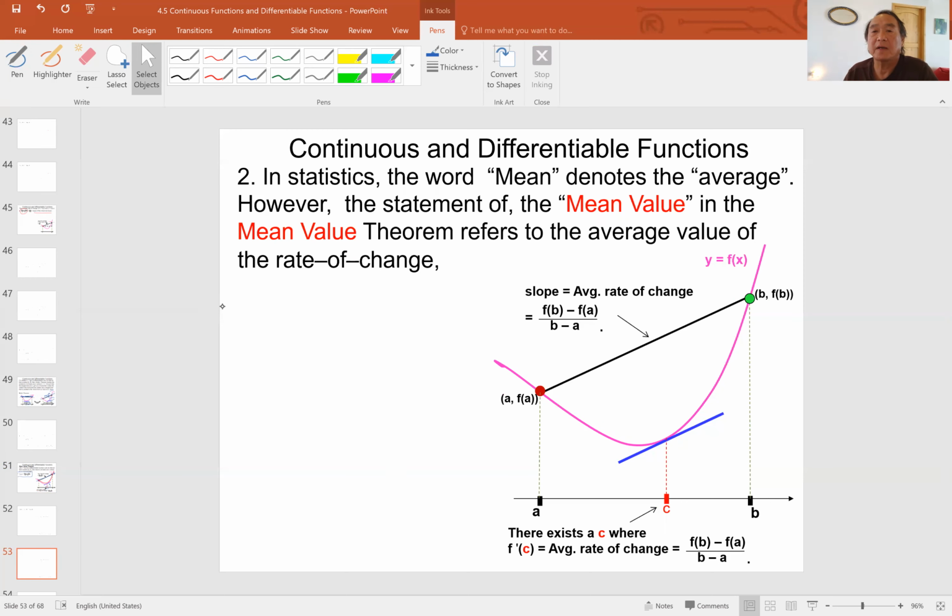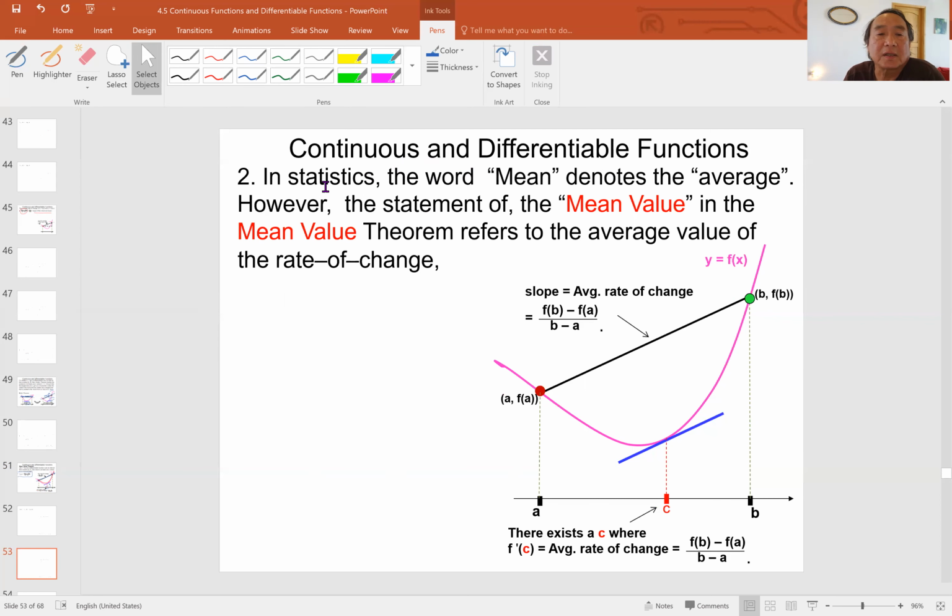What we call the mean here, the mean in statistics, the word mean, means the average. Over here, the average means the average rate of change, slightly different from the average in a set of data.